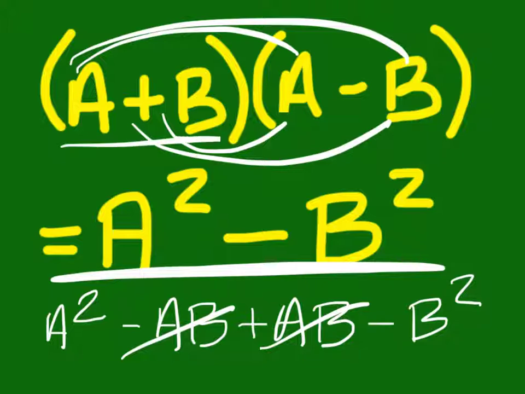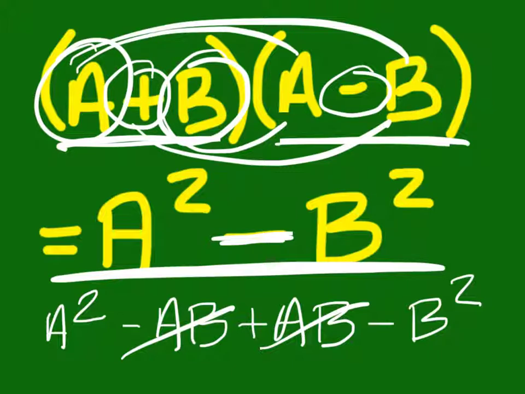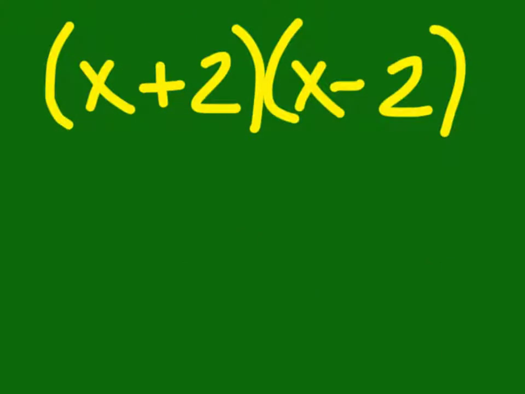So anytime you see the same quantity multiplied by itself except the signs are different, you square the first term and the second term and put a minus sign in the middle. If I had x plus 2 and x minus 2, what would the answer be? 2 squared is what?